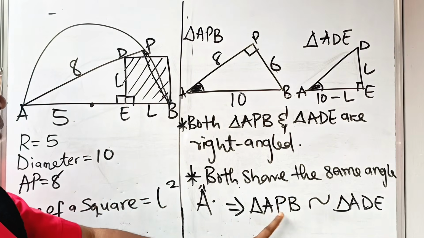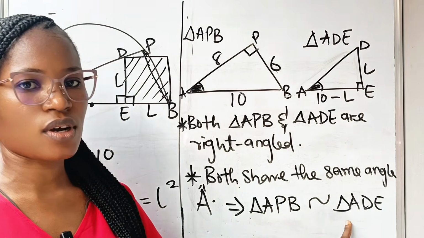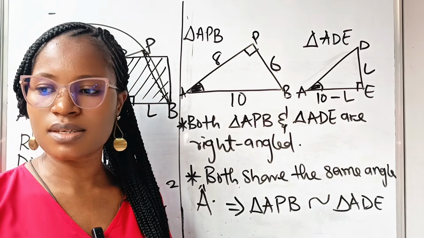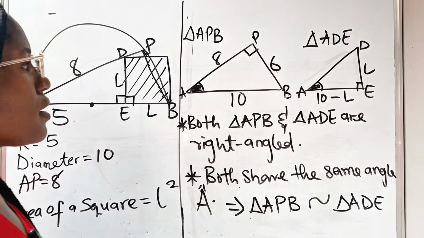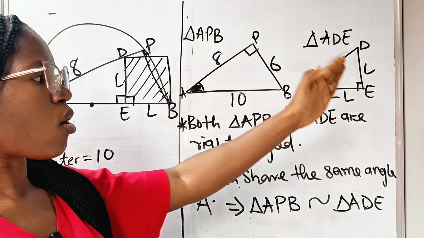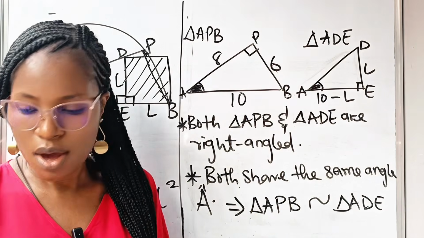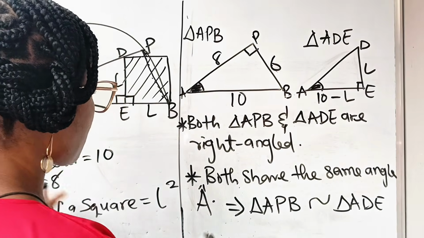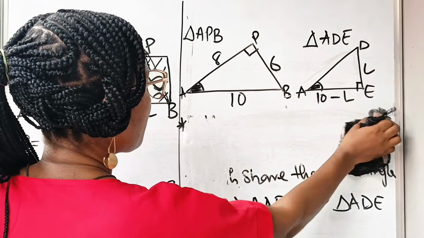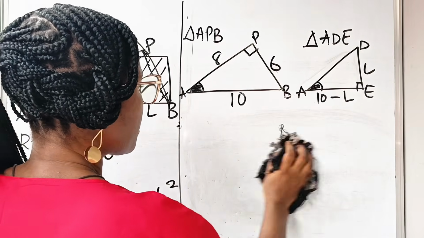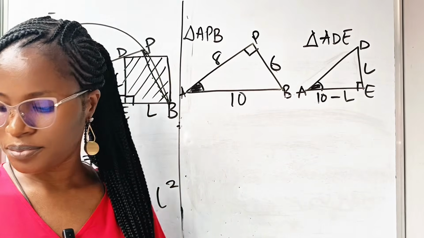If triangle APB is similar to triangle ADE, then it simply means that the ratio of their corresponding sides are equal. Now let's see how we can make use of the ratio to find the unknown sides.